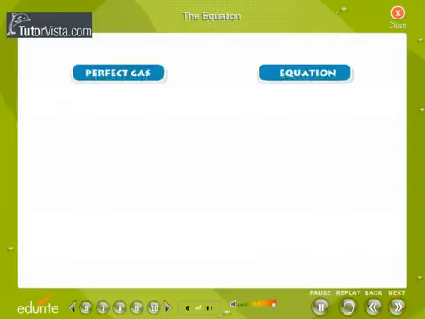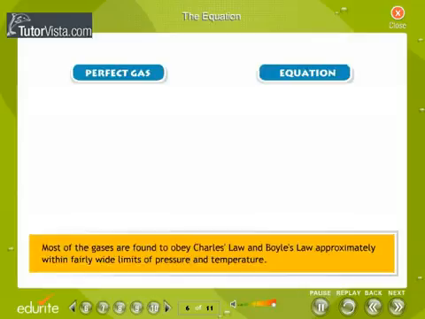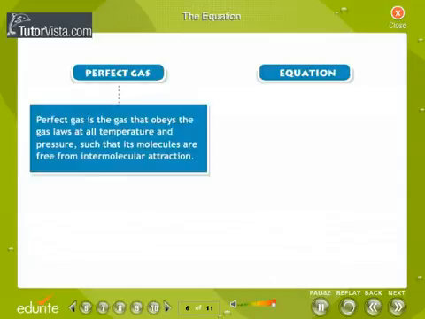The equation of state for an ideal gas and ideal gas law. Most of the gases are found to obey Charles' law and Boyle's law, approximately within fairly wide limits of pressure and temperature. If a gas obeys the gas laws at all temperature and pressure, such that its molecules are free from intermolecular attraction, then it is called a perfect or ideal gas.